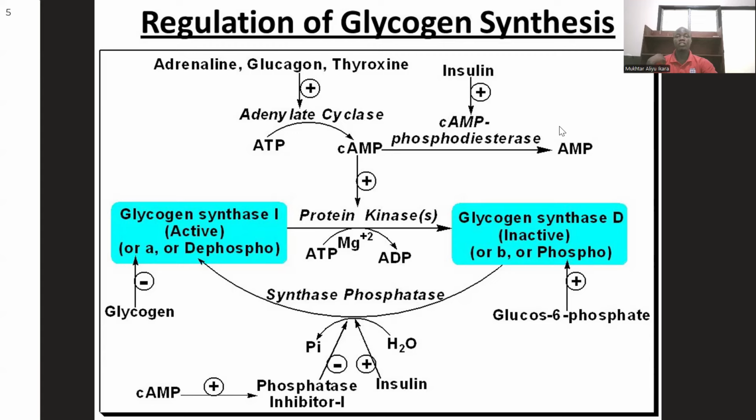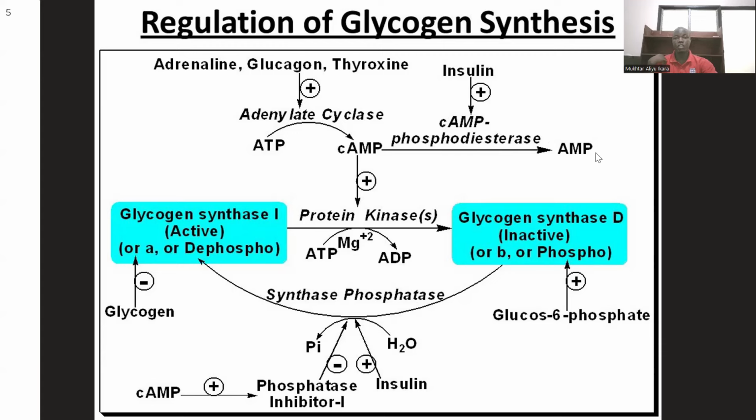Once it is high, it will activate an enzyme called phosphodiesterase. This cAMP phosphodiesterase cleaves cAMP into AMP.